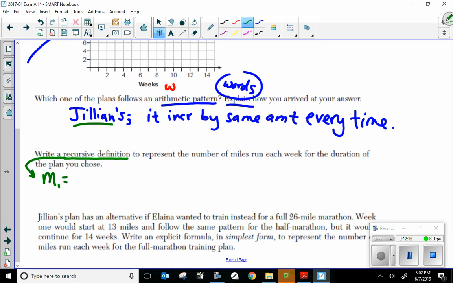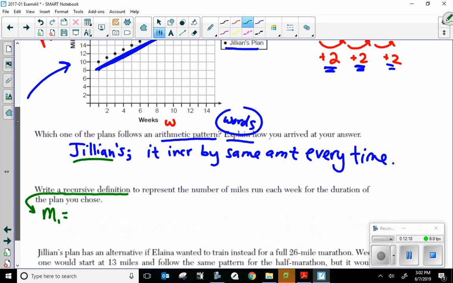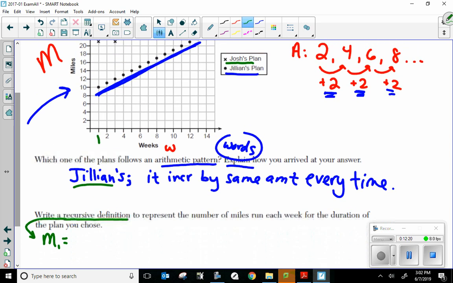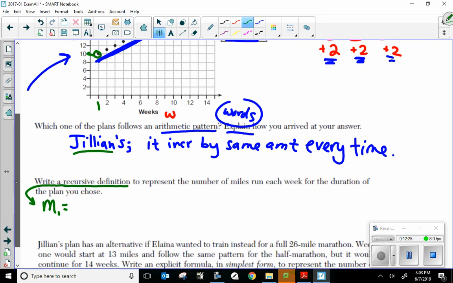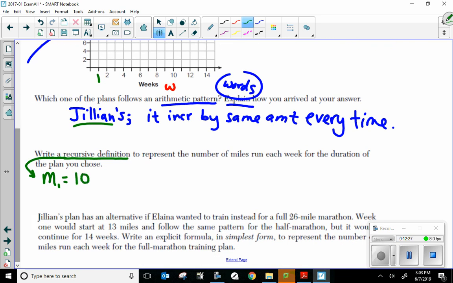In our instance right here, after the first week, we are running 10 miles. So M1 is 10. By definition, that's what recursive means. You need to be given the very first element. There it is. We know that after week 1, it's 10.